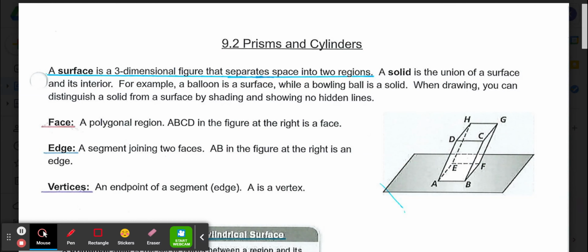In the book, you'll see some helpful pieces about being able to draw cylindrical solids with different types of leans. I'll also attach a video helping you with that process.